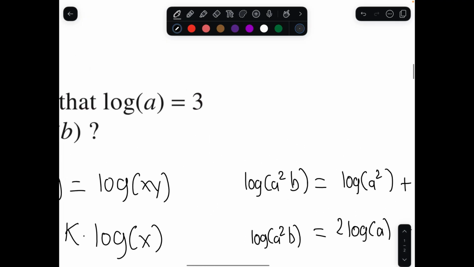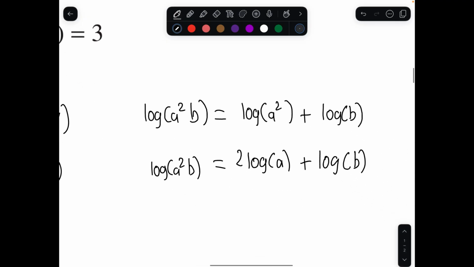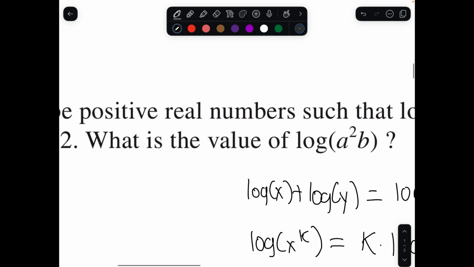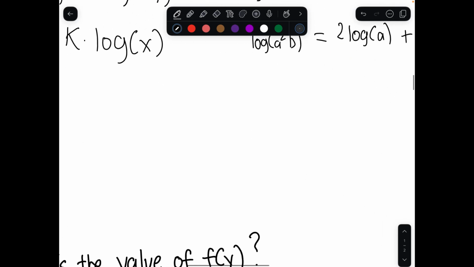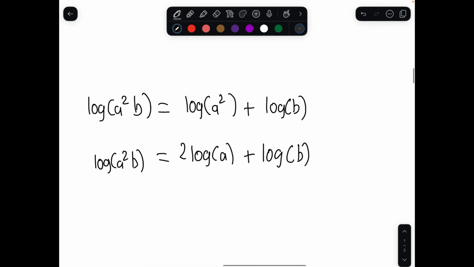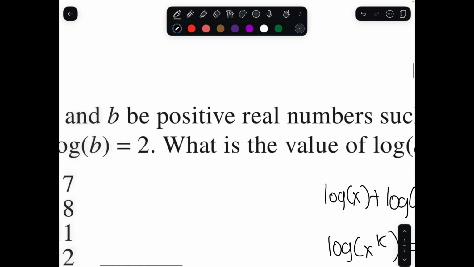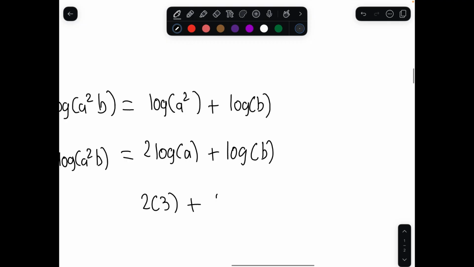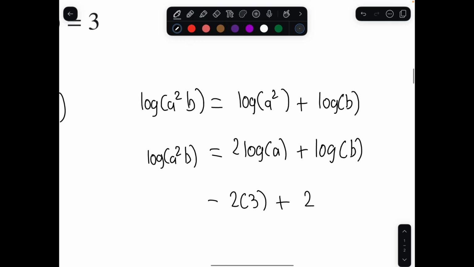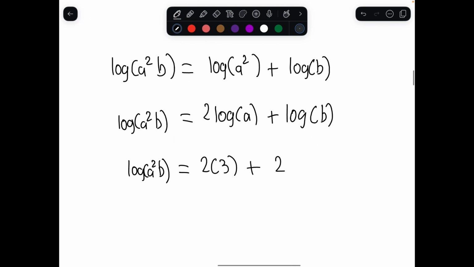It's given log a is 3 and log b is 2. So now we can just plug in 3 for log a and 2 for log b. So you get 2 times 3 plus 2, which is 6 plus 2, which is 8.